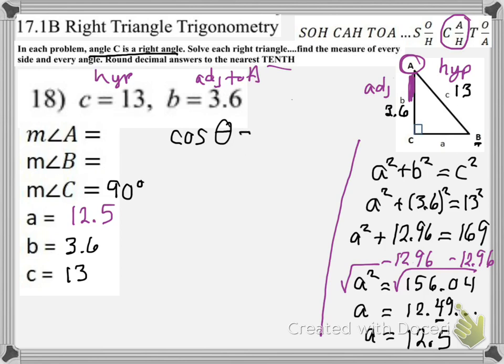So cosine theta equals the adjacent side over the hypotenuse. So I'm saying cosine theta equals adjacent side 3.6 over the hypotenuse, which is 13.